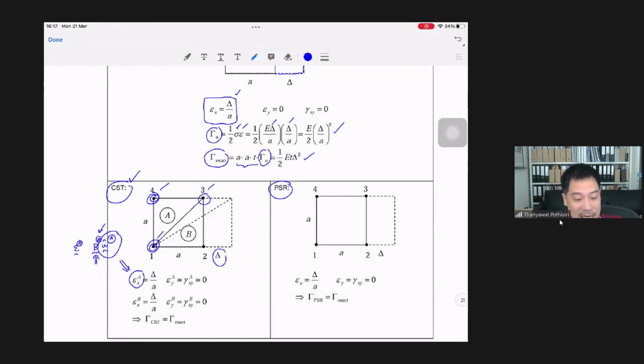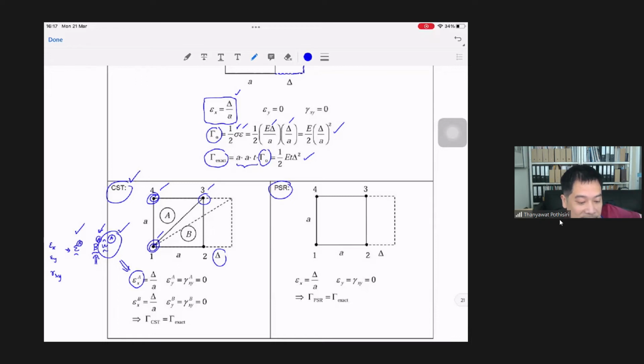What about V hat, or the nodal displacement in y direction? They are all zero, right? Because you are considering simple extension in x direction only. So you have this nodal displacement for element A as well, and you should be able to compute epsilon for element A. Epsilon in this case means epsilon x, epsilon y, and gamma xy, right?